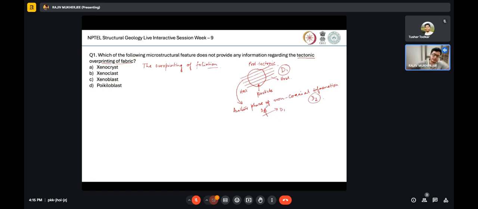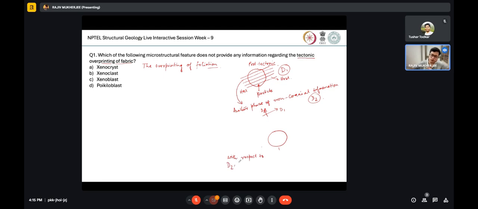So in that case, what will happen is that the clast will be overprinted with another set of foliations, right?